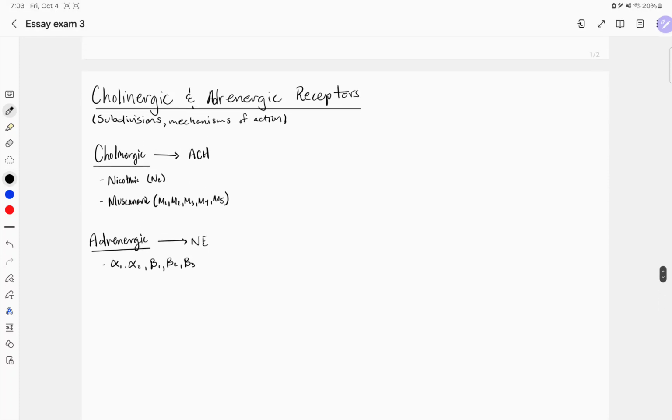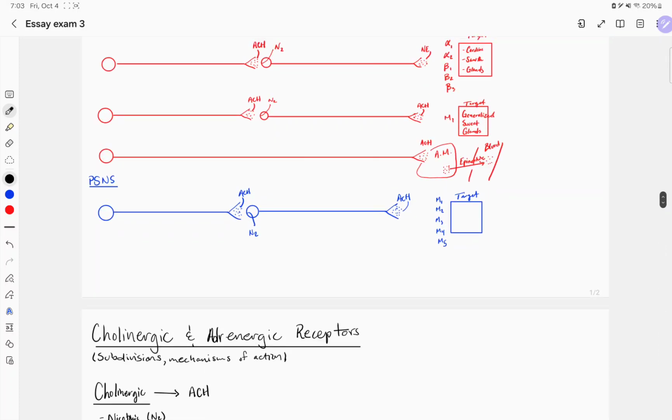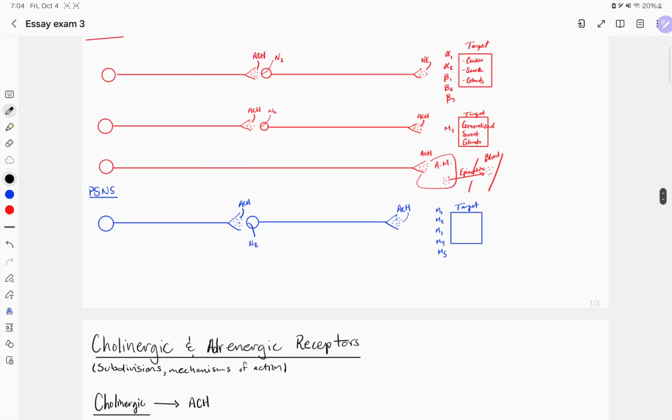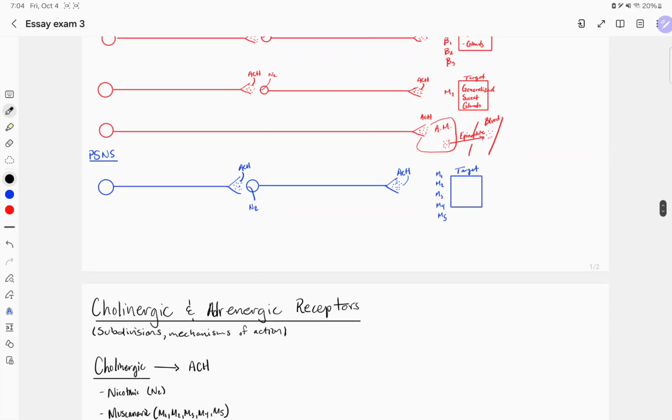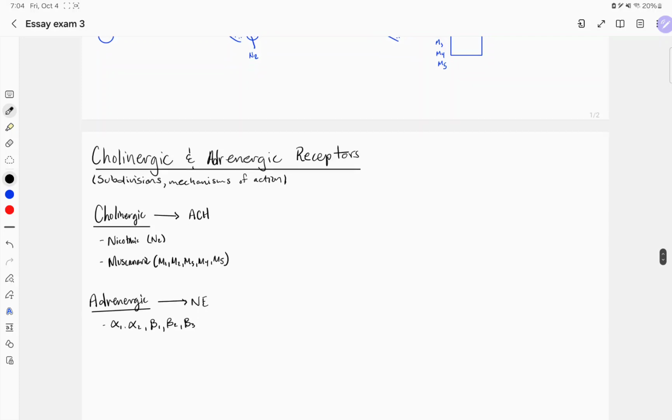Well, it's just important to know that when we have acetylcholine being released from our preganglionic neuron, the protein receptors that are responding to that and causing an action potential to travel down the postganglionic neuron, that's our N2 receptors that are doing that.